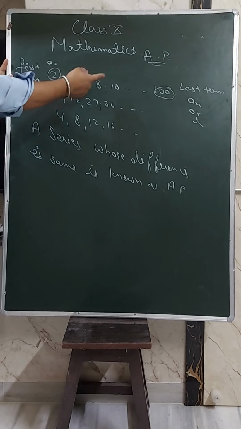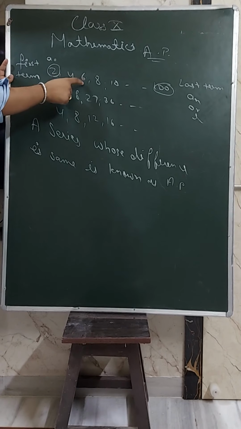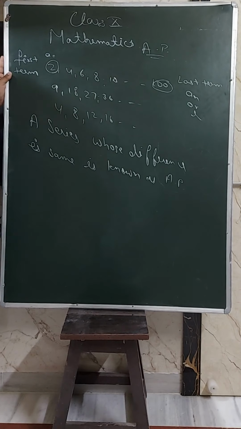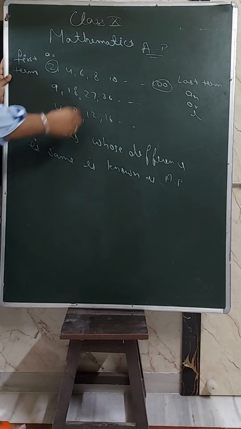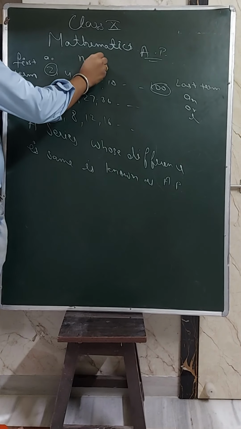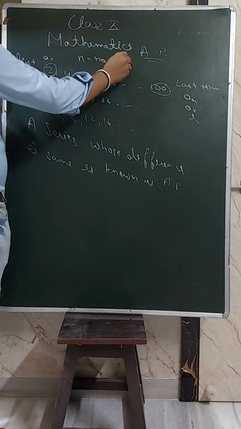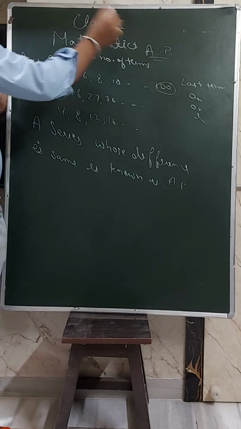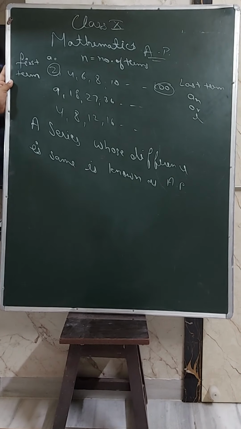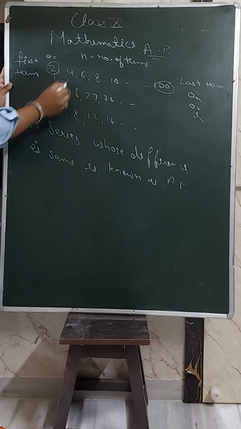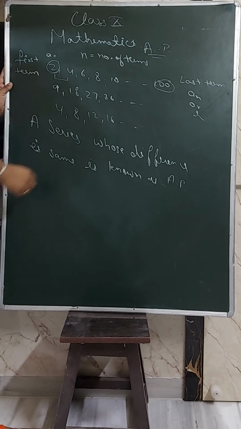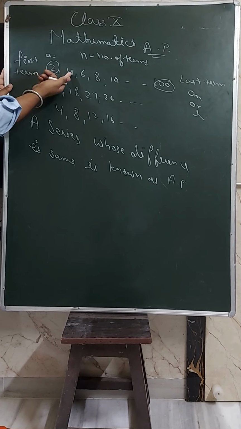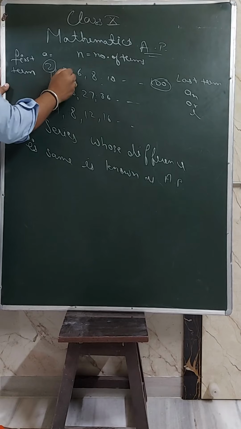Now here the number of terms: this is the first term, second term, third term, fourth term, fifth term, up to like 50 terms in this series. So n will be the number of terms. Is it clear? And the difference: 4 minus 2, the difference is 2. We have to do the second term minus the first term only.